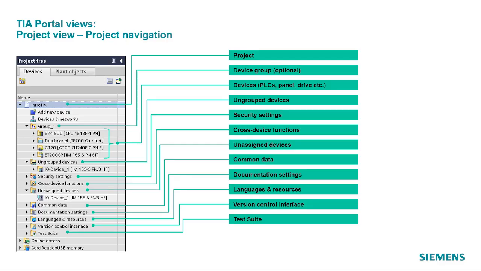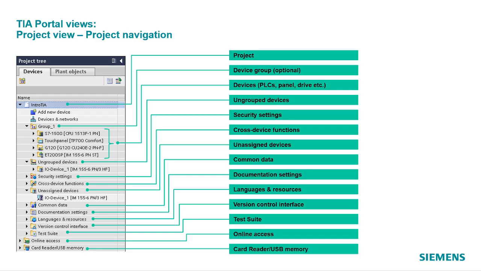The Security Settings, Cross-Device Functions, Common Data, Documentation Settings, Languages and Resources, Version Control Interface, and Test Suite folders are for the overall project. The Online Access and Card Reader USB Memory folders are project independent.